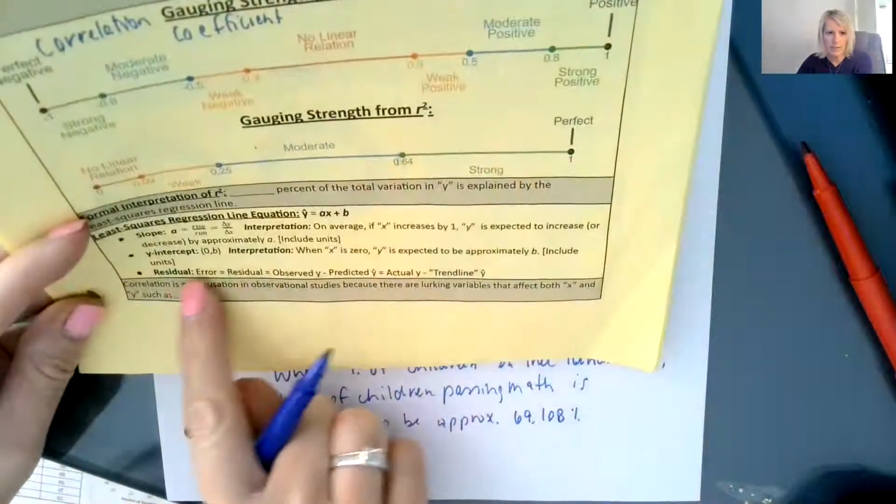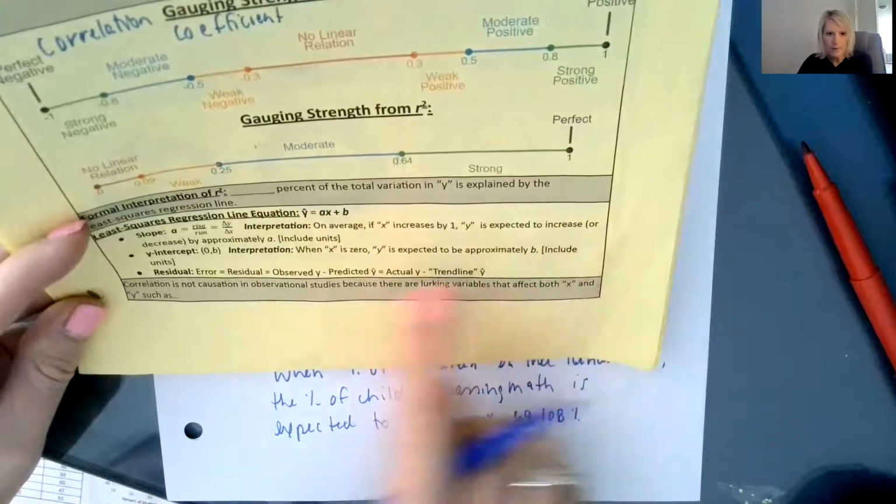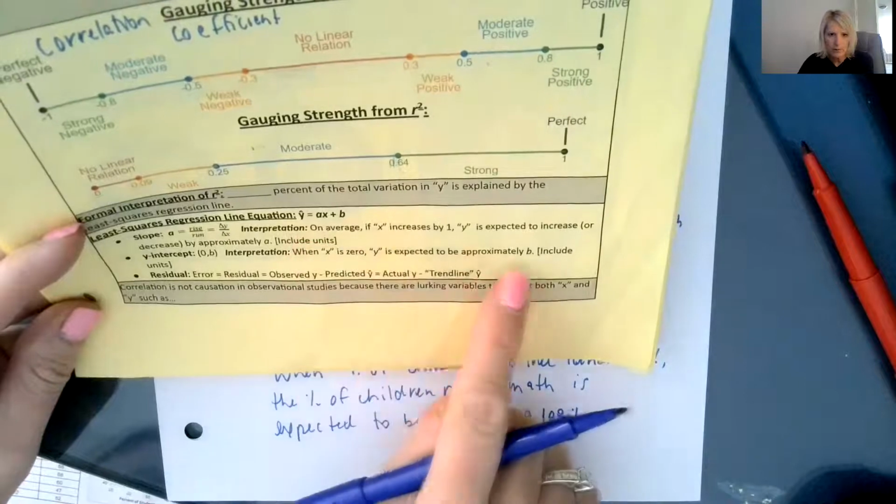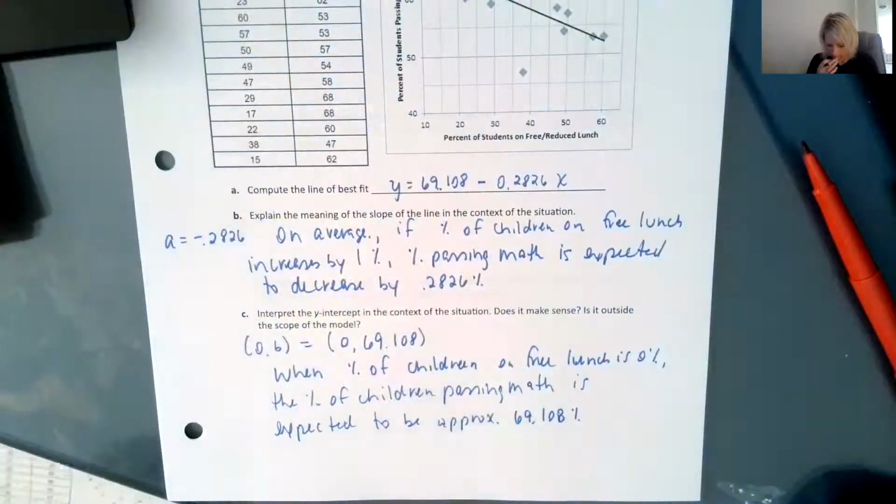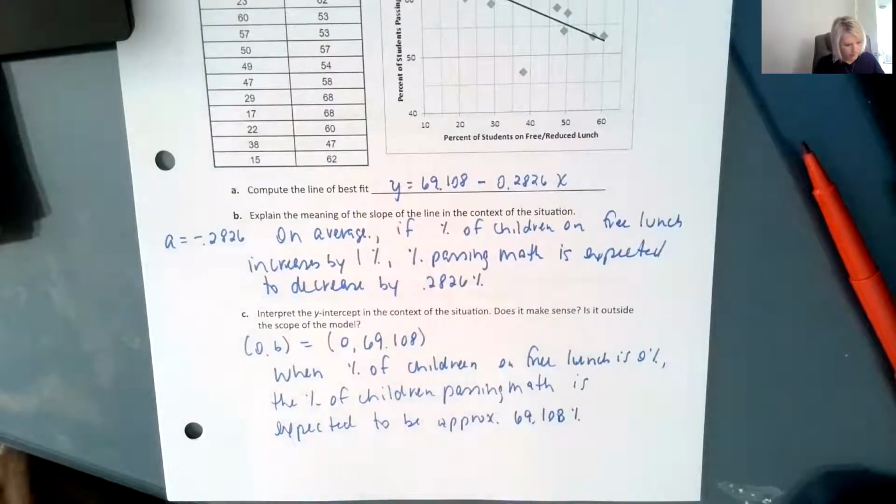The interpretation is right here on your yellow sheet. Always be sure to include units in both your slope and your y-intercept interpretations. Those are very, very important.